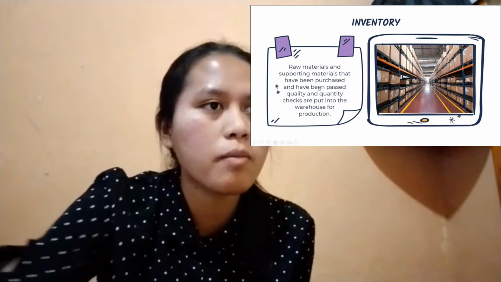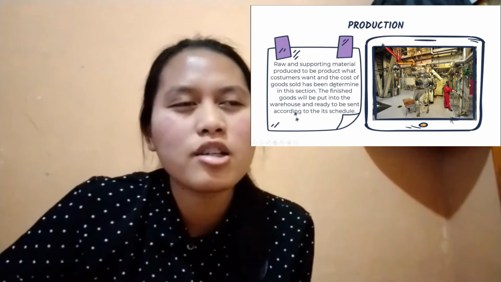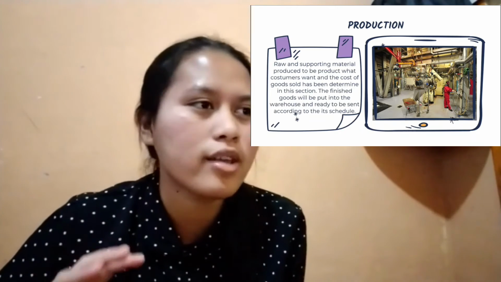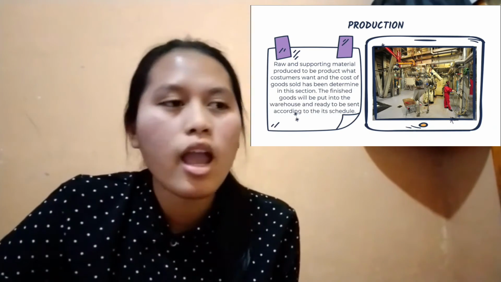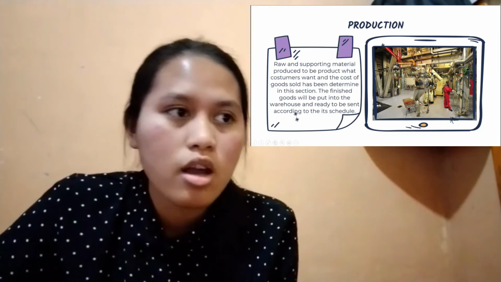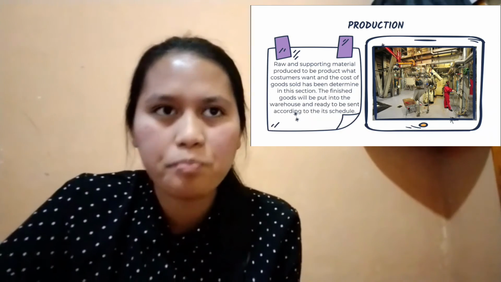And after that, we'll talk about production. What's production? Production is about creating a product or service from raw materials and supporting materials, and storing it again in the warehouse to wait for scheduled departure.